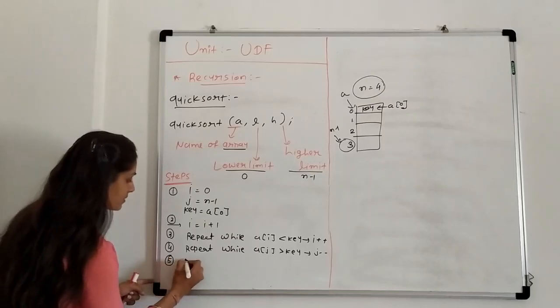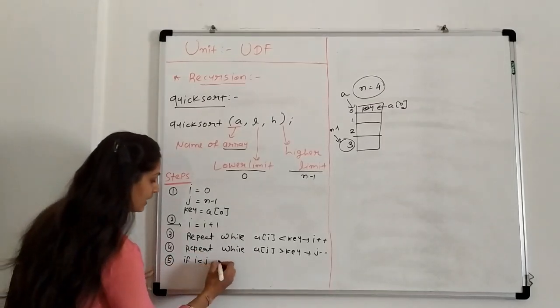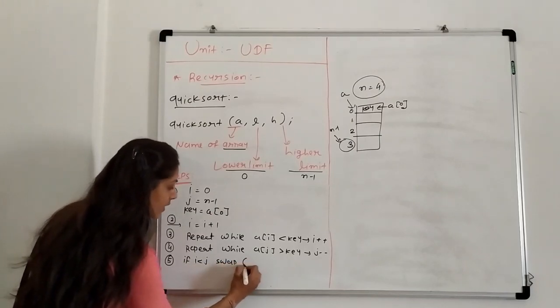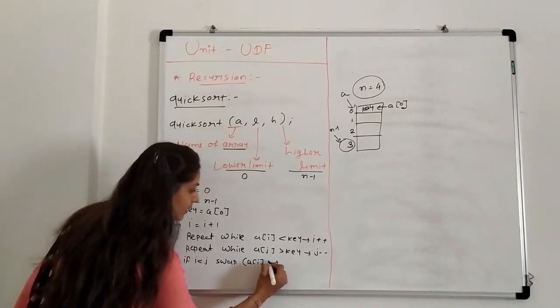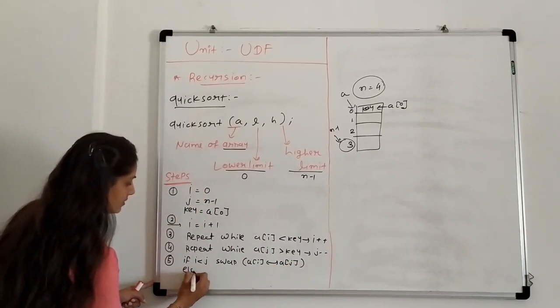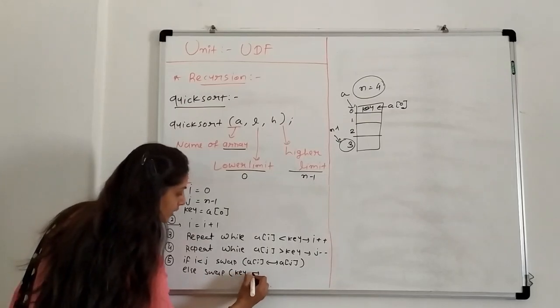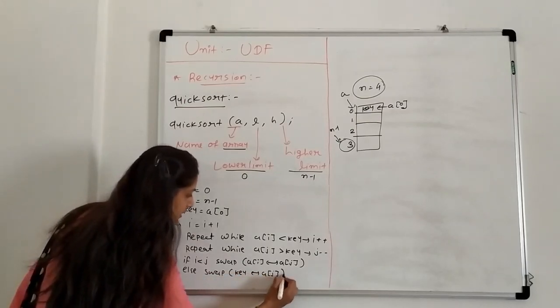The fifth step is if i is less than j, then swap a of i with a of j, else swap key with a of j.